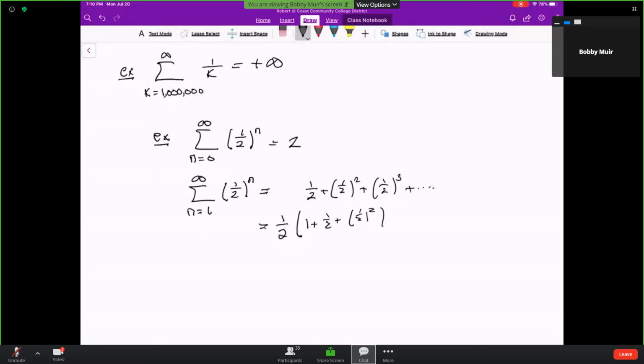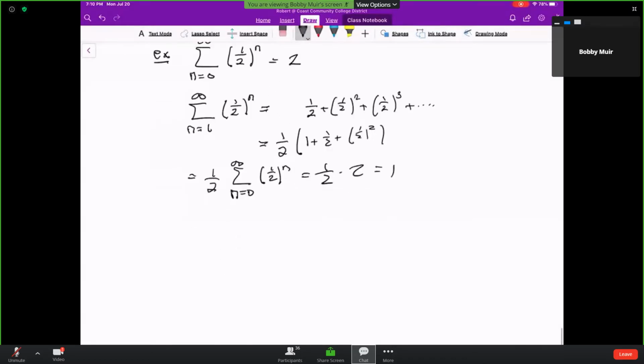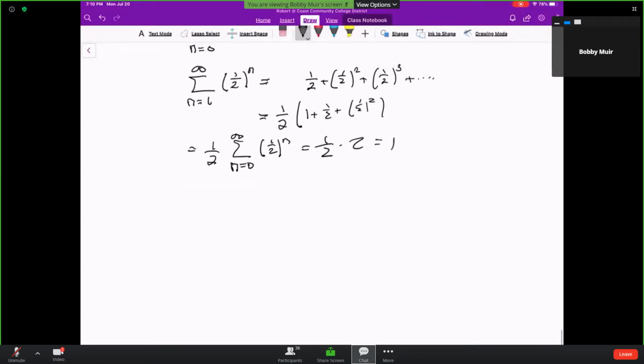In any event, what you get is 1/2 times the sum, 0 to infinity of 1/2 to the n, which is 1/2 times 2, which is 1. Or you could have just subtracted off the first term, 1/2 to the 0. Could have done that as well. Okay. So the removal of a finite, or the addition of a finite number of terms isn't going to alter anything.